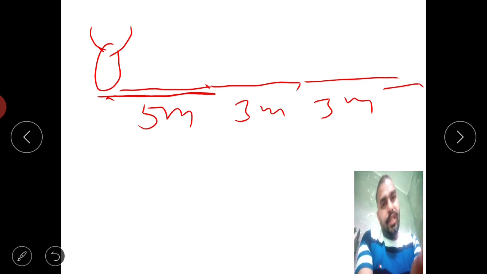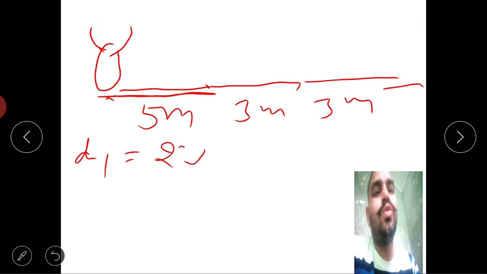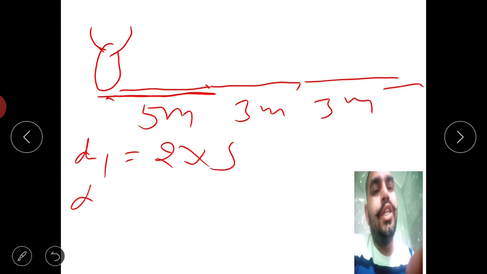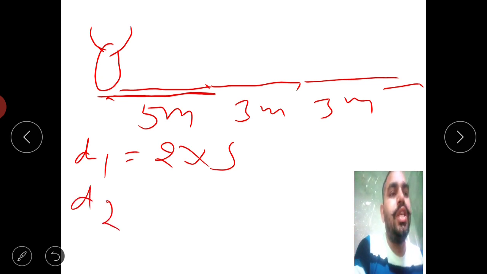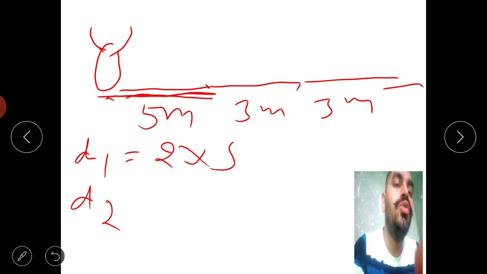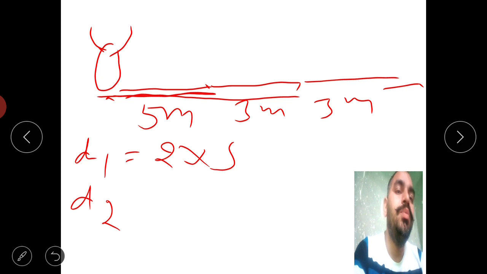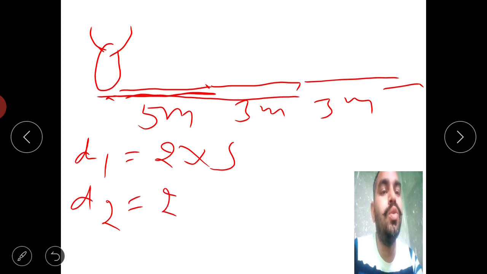So the first distance d1 we can say is 2 into 5. What is d2? वापस यहाँ आई, पोटैटो डाला, फिर से वापस रन किया, तो क्या होगा? 5 ये और 3 ये, it means 5 plus 3 is 8. One side distance is 8 and the double side is 16, so you can write 2 into 8.